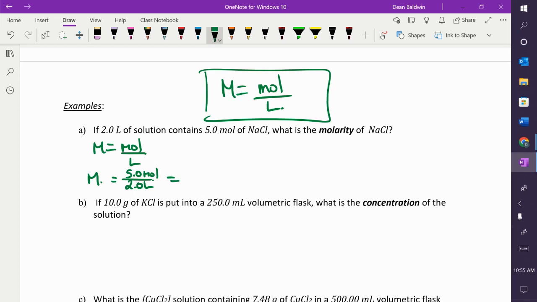So if you divide those, what's 5 divided by 2? 2.5. How many sig figs does our answer have to be? 2 sig figs. So it's 2.5 what? Moles per liter, which is 2.5 molar.